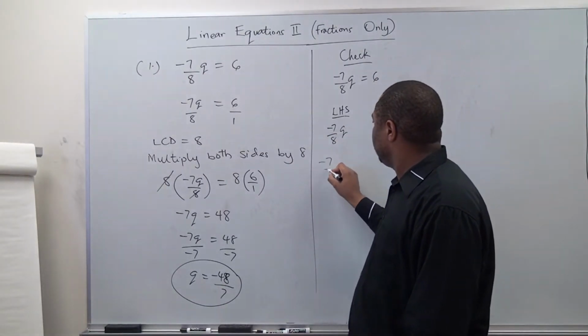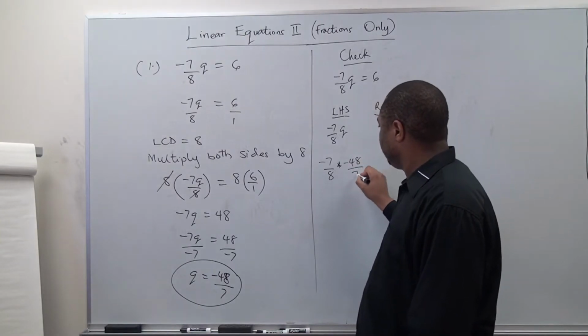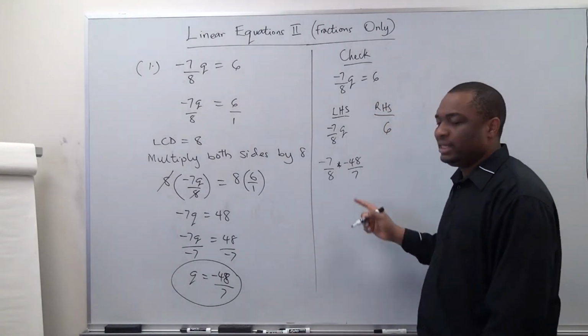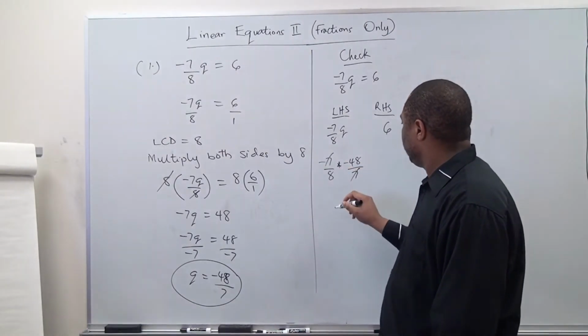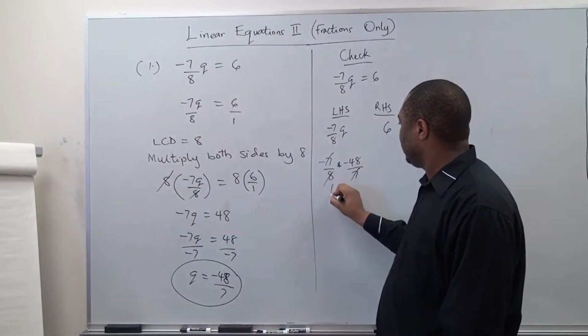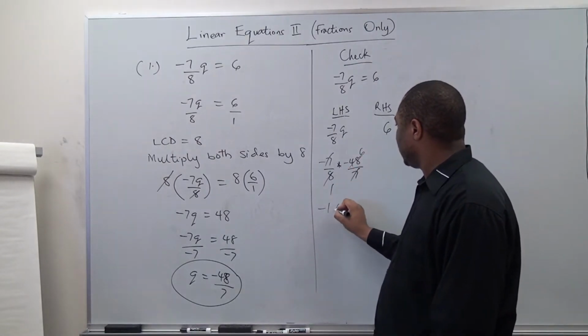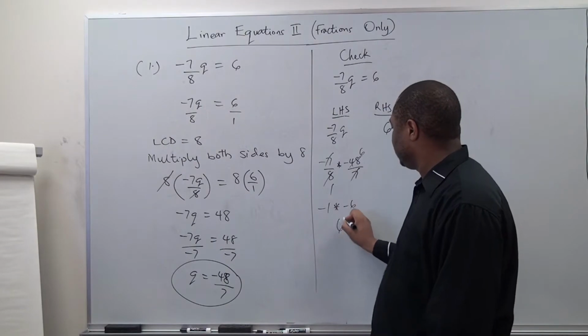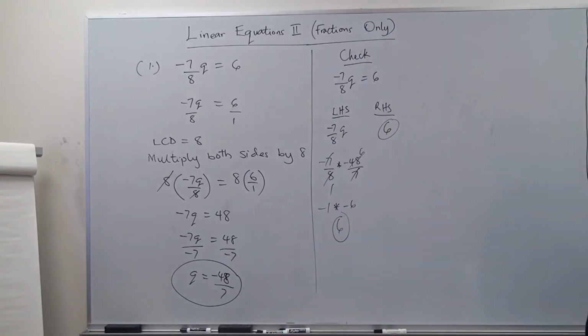This gives us negative 7 over 8 times negative 48 over 7. As you can see, when multiplying fractions, the 7s will cross out, and then 8 will cancel 48, giving 6. So this is negative 1 times negative 6, and that gives you 6. And there you go.